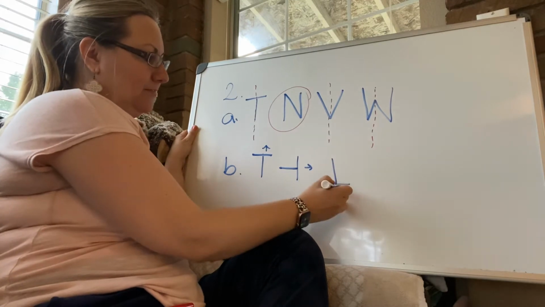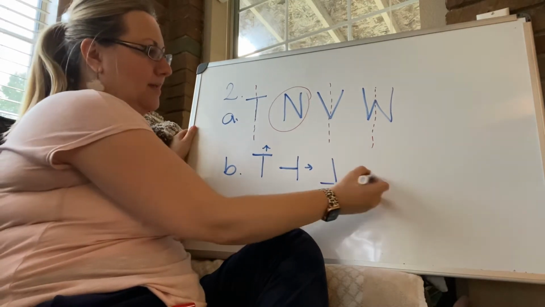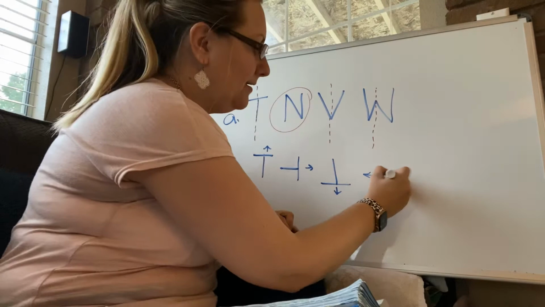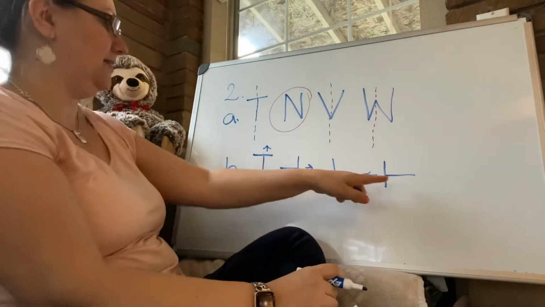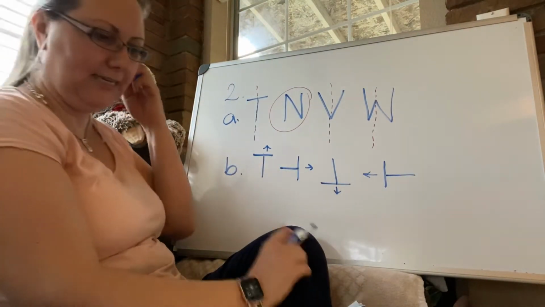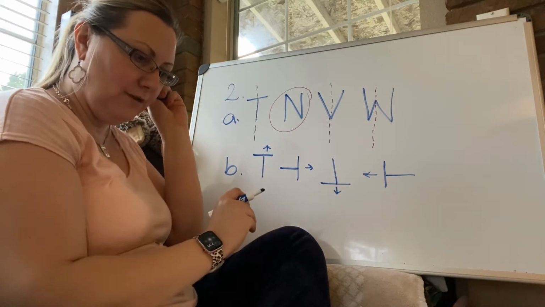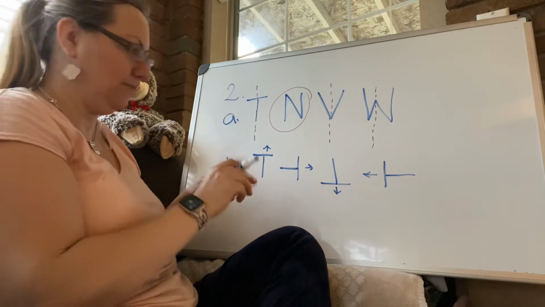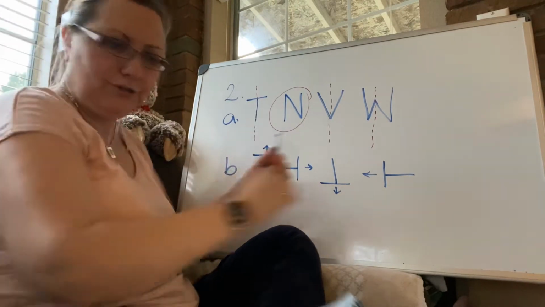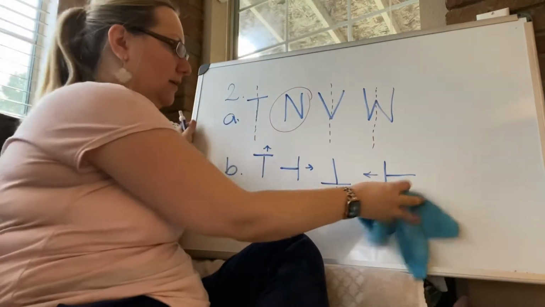T upside down does not look the same. And T facing this way, again, does not look the same. So T does not have rotational symmetry. Boom, that one is out. So let me erase that.